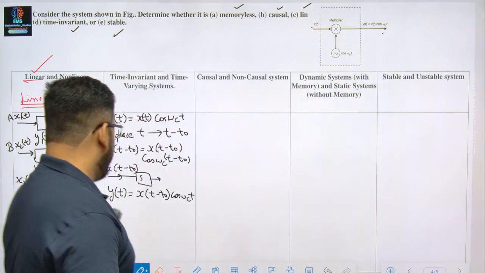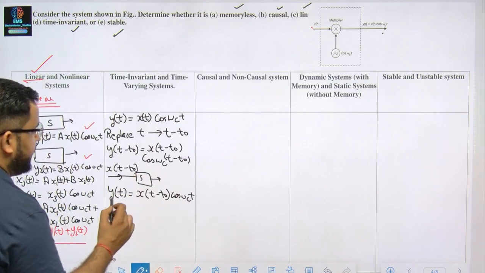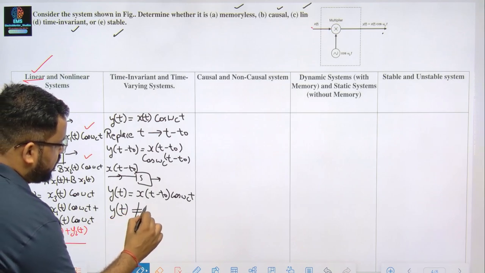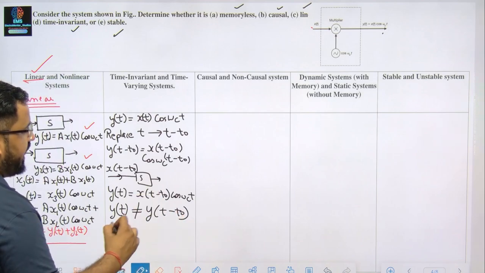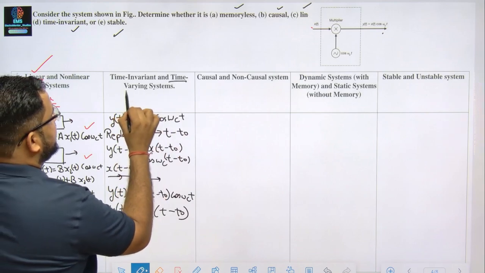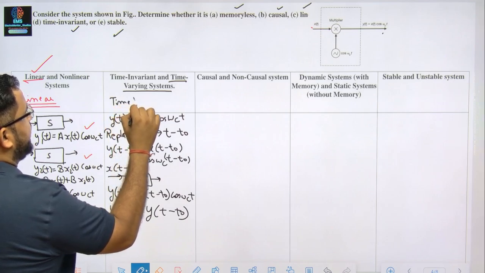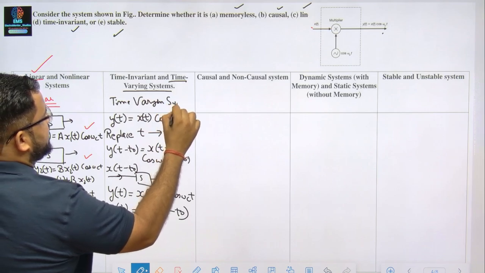So what would be my output? My output would be x of t minus t naught cos(omega c t). Now, if you see, my y(t) is not equal to y of t minus t naught. Hence, my system is a time varying system.